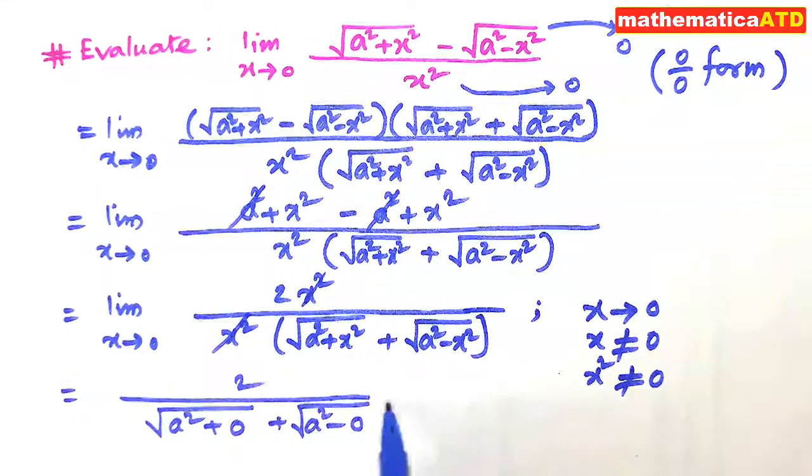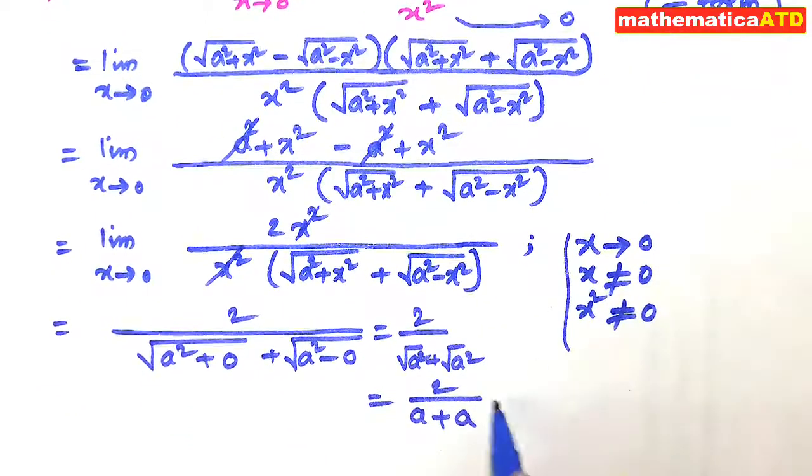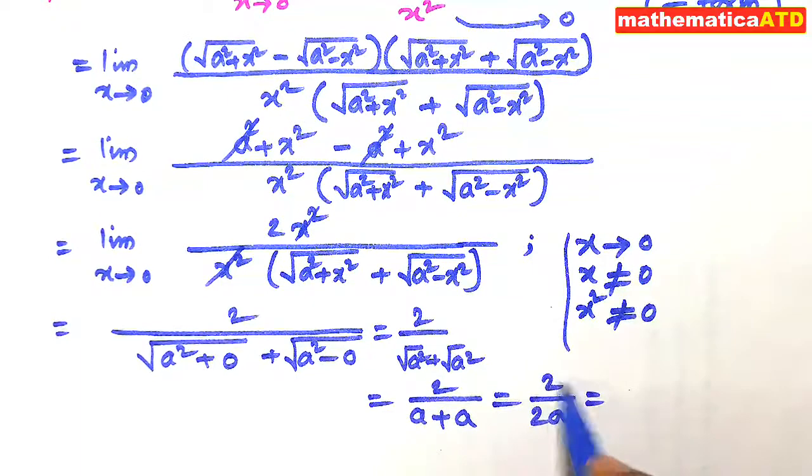So this is equal to 2 divided by root a square plus root a square, that is equal to 2 divided by a plus a, that is equal to 2 divided by twice a, and ultimately we are getting 1 by a.